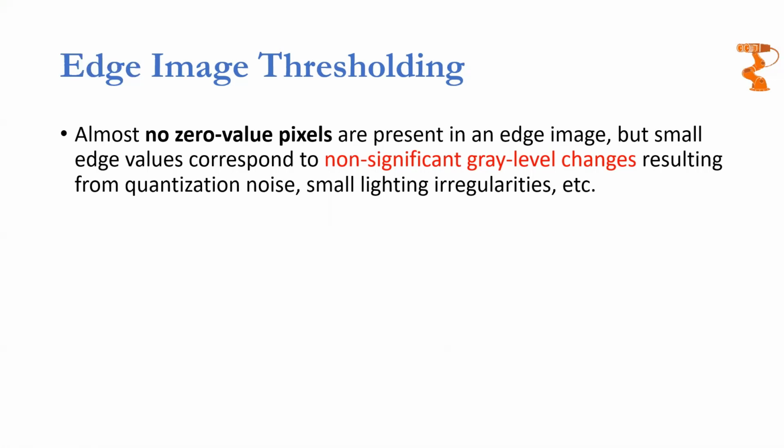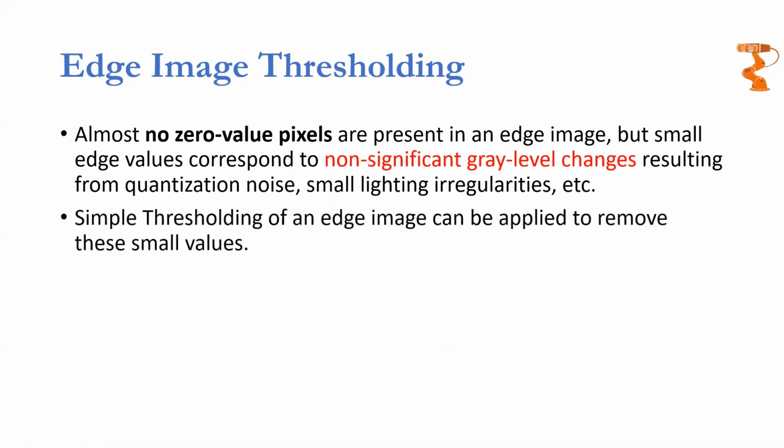You are going to get some small values corresponding to non-significant gray level changes. They can result from quantization noise, small gray level differences, or anything else. So you can apply simple thresholding to remove all small changes, and you will be left with edge data only.